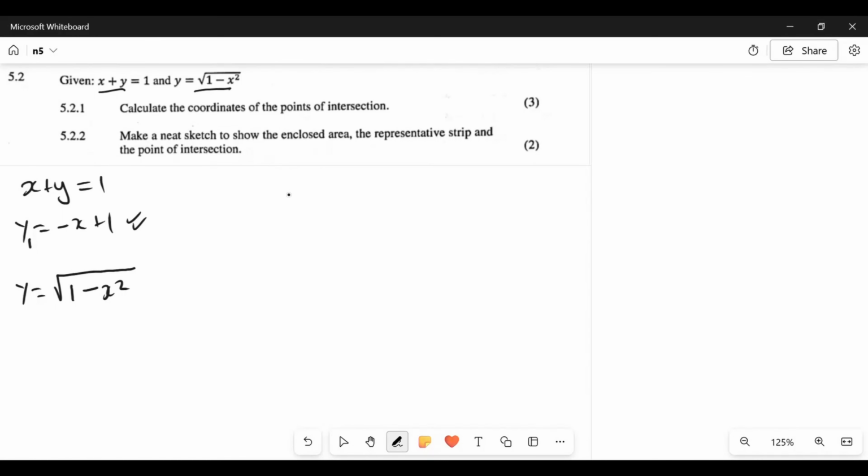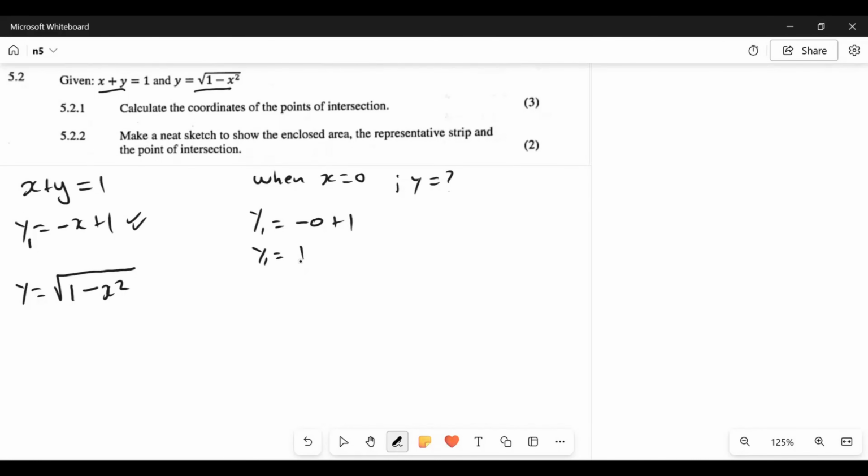So I'm going to do it here. When x is equal to 0, what is y? We're going to substitute 0 where there is x in that formula. So y1 is equal to negative 0 plus 1. So basically y1 is equal to 1.